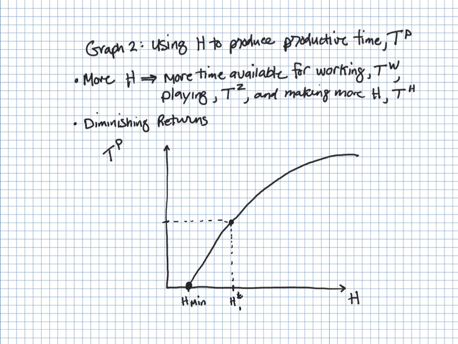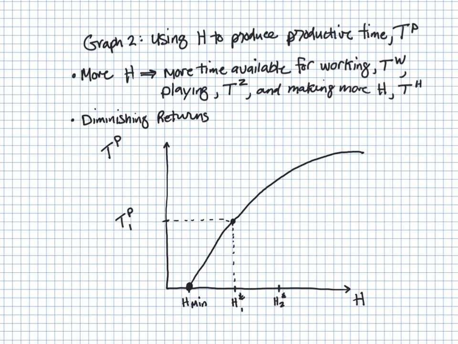So H star 1 is going to give us some value of productive time, let's call it TP1. So remember when we had higher education, we chose a level of health capital that was a little bit bigger. We called it H star 2. So as you'd expect, with more health capital, we are going to have more time available to do all the things we want to do.